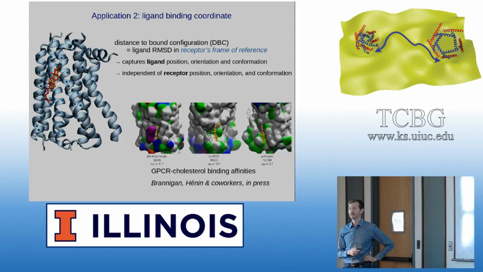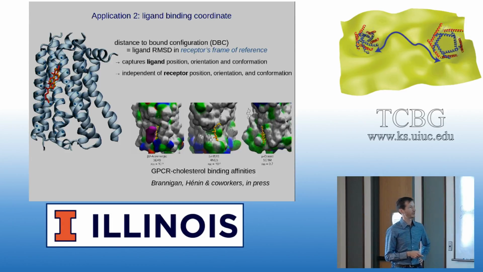So it does capture the ligand position, orientation, and conformation, and it is independent of the receptor's position, orientation, and conformation. So the position and orientation of the ligand are computed always independent of the inner frame of reference of the receptor. And we've used that recently with my collaborator, Reg Brannigan, to compute absolute binding affinities of cholesterol to crystallographic sites on the surface of GPCRs.